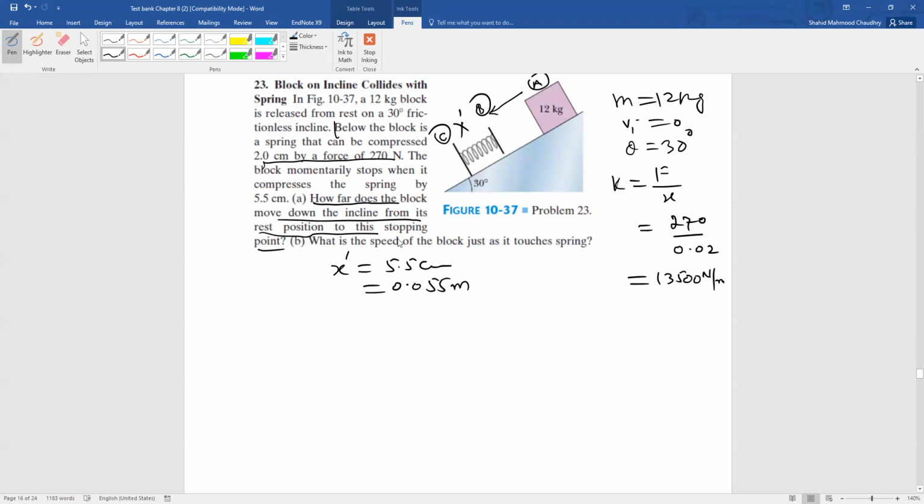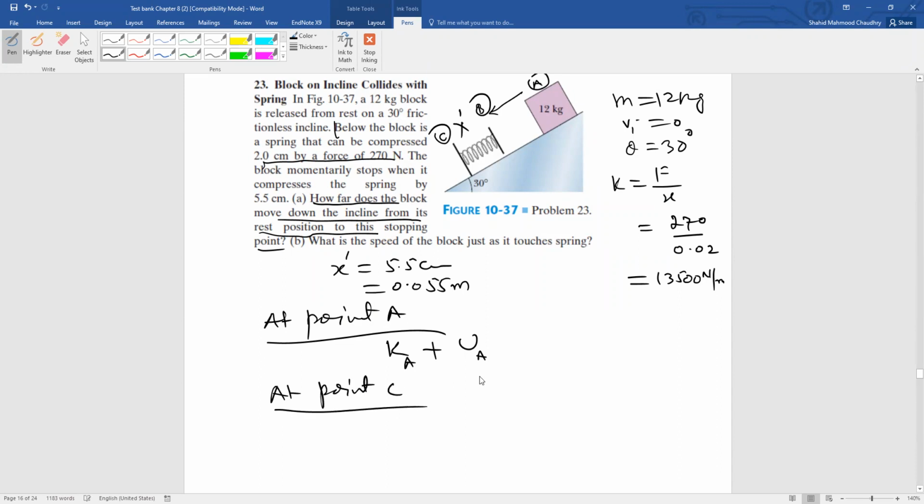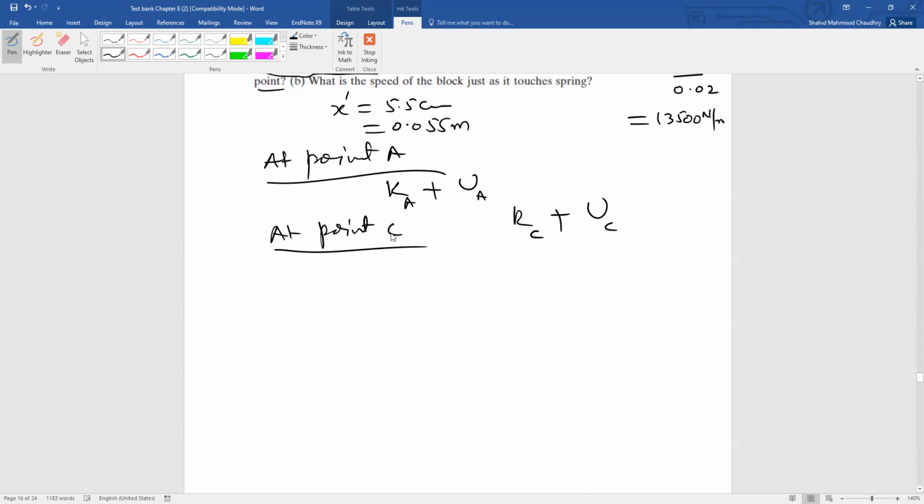I want to write the equation, the law of conservation of energy, at point A and at point C. So at point A, it will be kinetic energy at point A plus the potential energy at point A. At point C, the kinetic energy at point C plus the potential energy at point C, because this is the law of conservation of energy. If they are equal, then I will write Ka plus Ua is equal to Kc plus Uc.